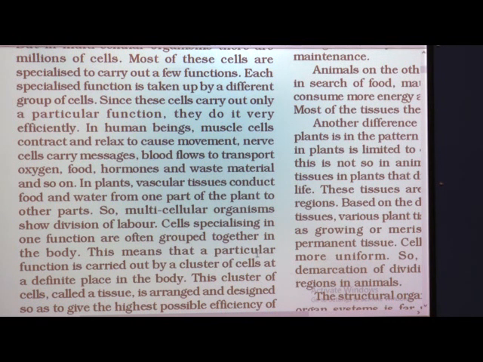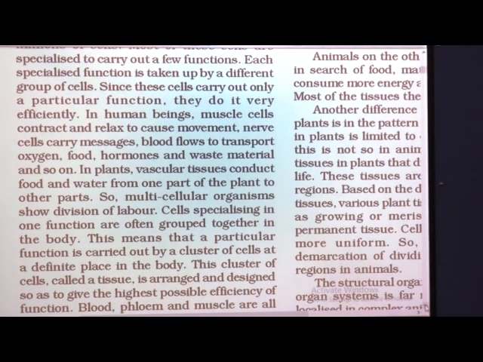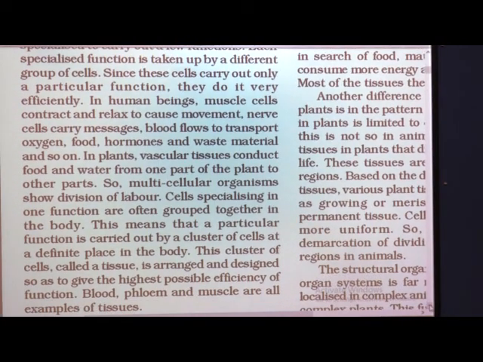This means that a particular function is carried out by a cluster of cells. What is meant by cluster? Group. So, a particular function is carried out by a group of cells at a definite place in the body. This cluster of cells called tissue is arranged and designed so as to give the highest possible efficiency of function.